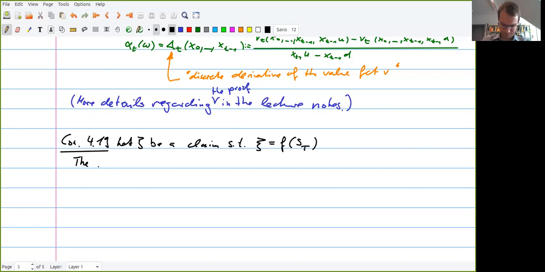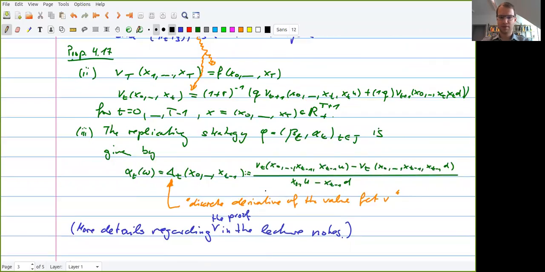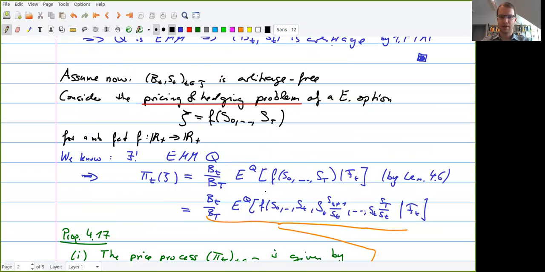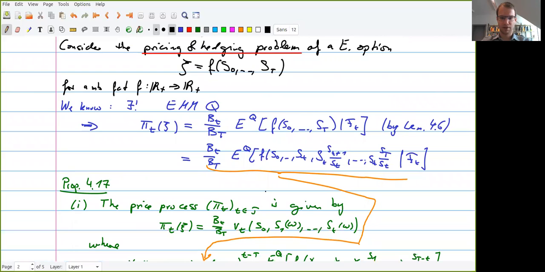And then the price here of chi is, well, you have your discounting factor. And then you calculate the, right? So you go up here, look at our pricing formula, right?